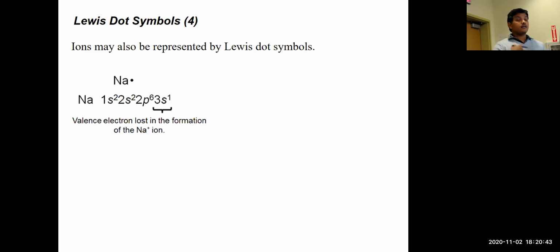So ionic elements will have a different Lewis dot symbol than a neutral element. Makes sense, right? Because you have a different number of electrons now. So let's look into that. A metal, sodium, has one valence electron, and naturally what it is going to do is lose that one valence electron.